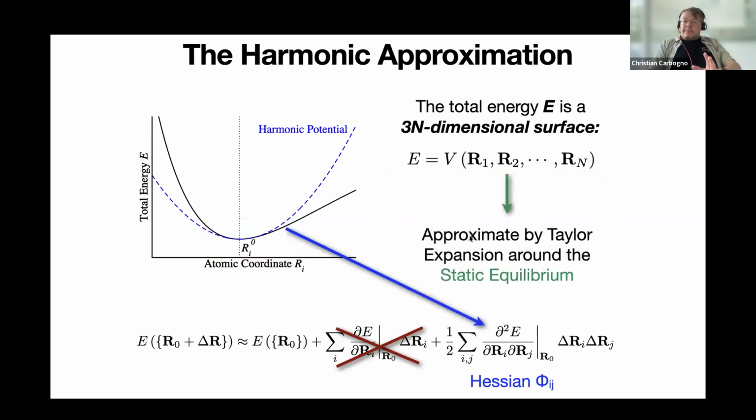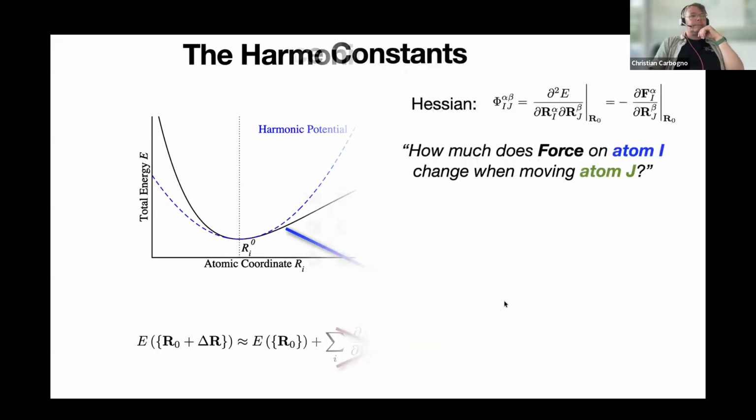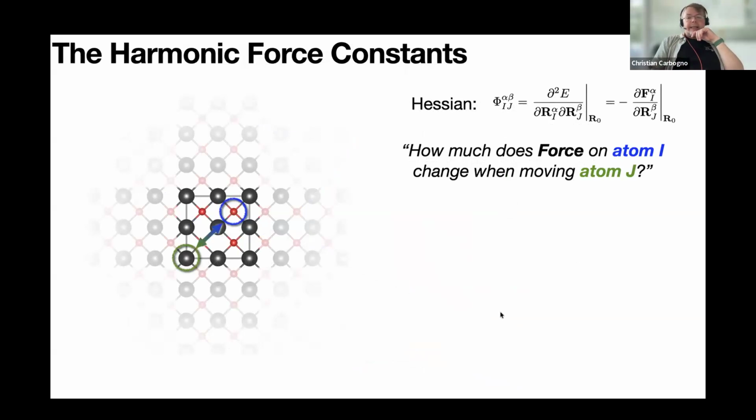Now, the concept is that all we have to do for these phonons is calculate this Hessian. This kind of property is not that easy to address, and we'll first think a little about what its properties are and why it is so complex to calculate. So let's go back. What does this Hessian describe?